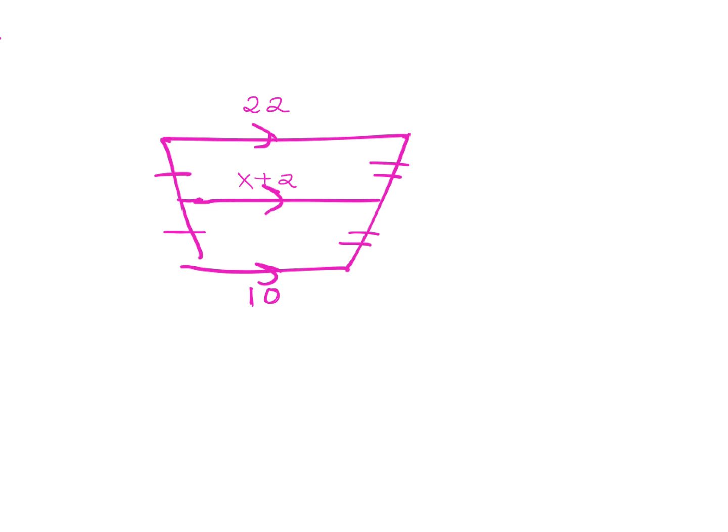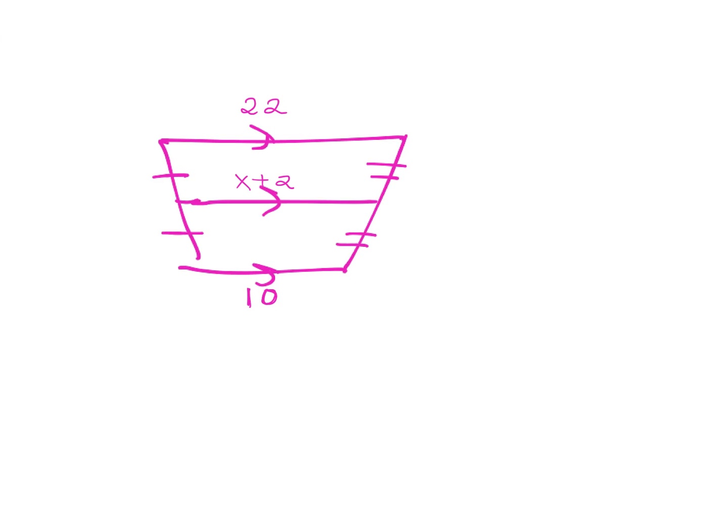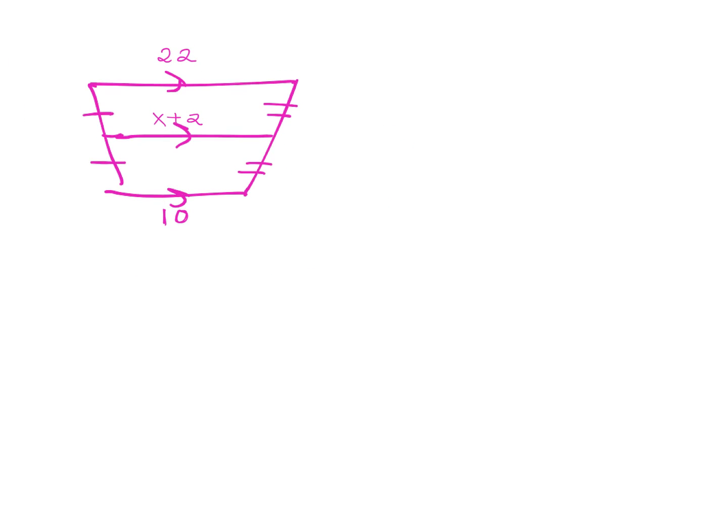If this is your setup and we want to solve for x, how would you set that up? Remember, the midsegment equals half the sum of the bases. What's your midsegment? x plus 2. So x plus 2 equals half of the sum of the two bases, 22 plus 10.